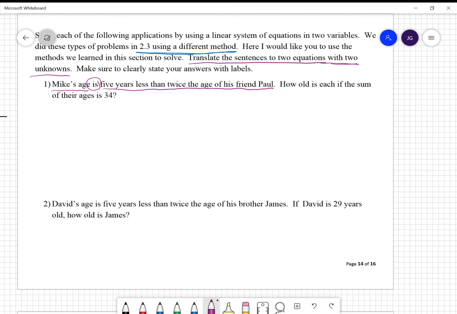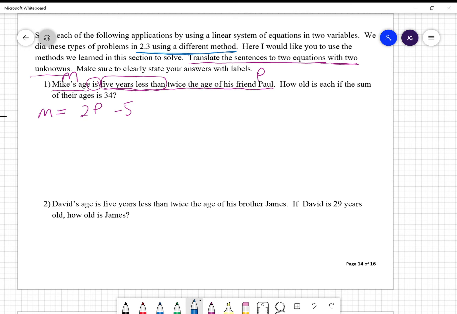I am going to use M to represent Mike, and I'm going to use P to represent Paul. There's my two variables. Mike is 5 years less than. This means take away 5. Twice the age of his friend Paul. Twice Paul. There's one equation.